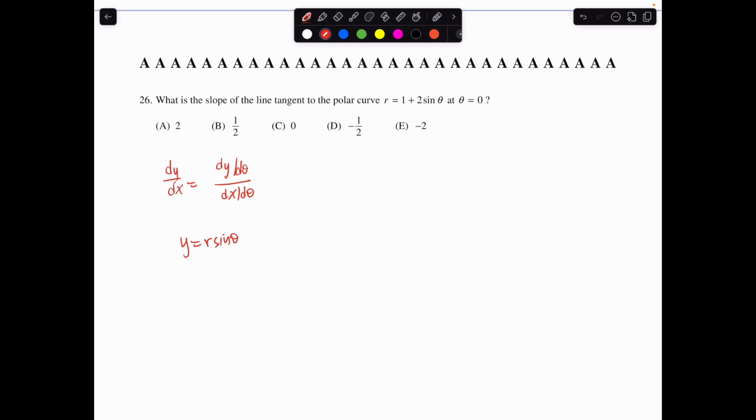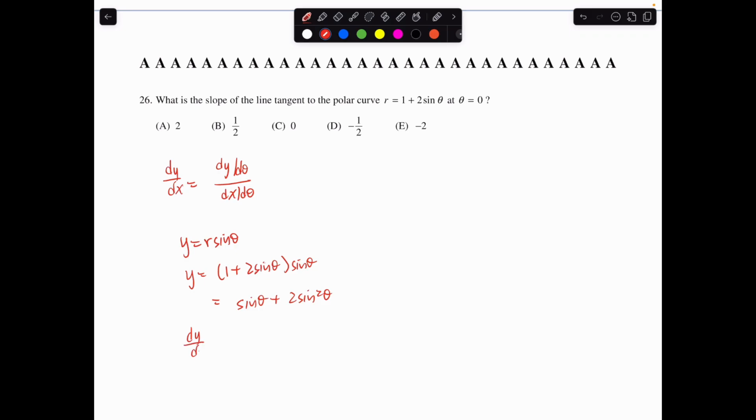Alright, you can implicitly differentiate here, but I like to plug in. So y is equal to r, which is 1 plus 2 sine theta, so y is equal to sine theta plus 2 sine squared theta.